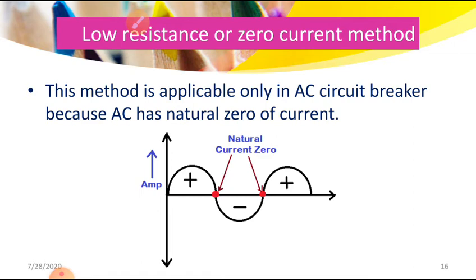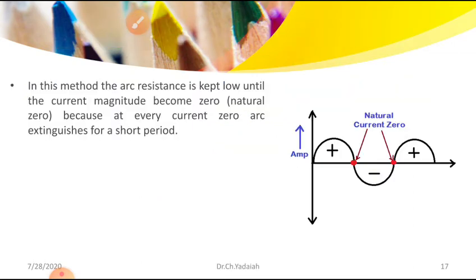Let us see in detail how we are going to implement this. In this method, the arc resistance is kept low until the current magnitude becomes 0, the natural 0, because at every current zero the arc extinguishes for a short period. So what is happening here?